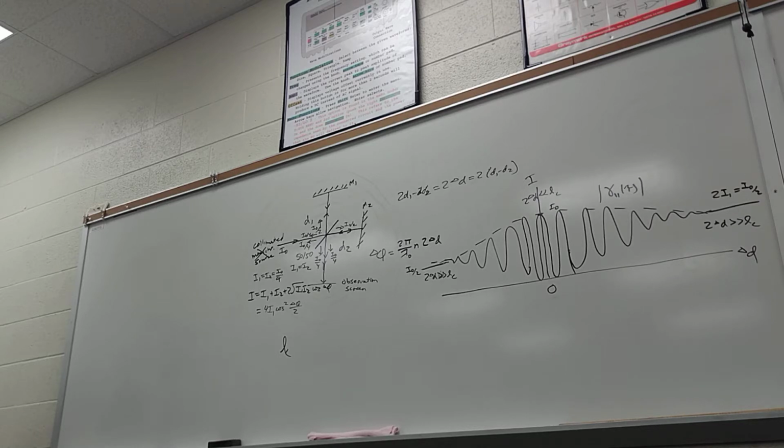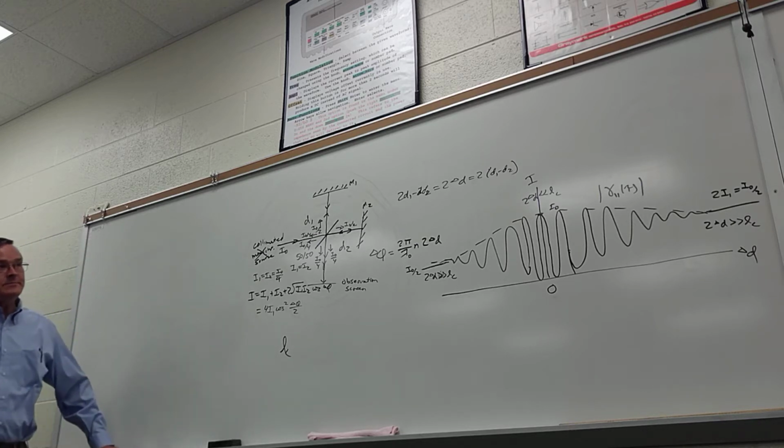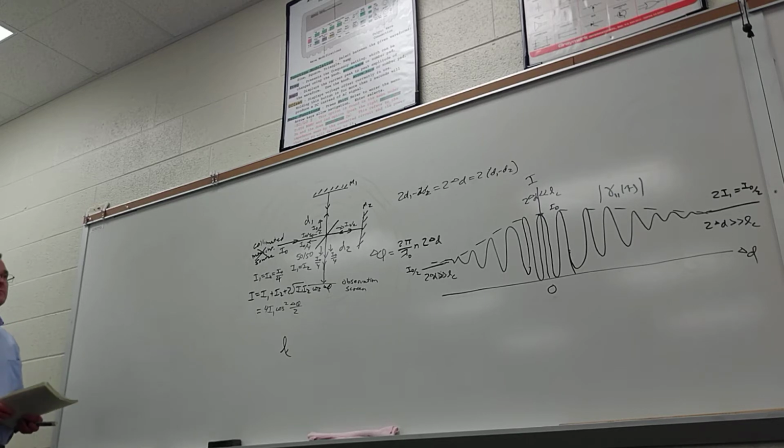Okay, so for an application, we're going to get at it in a roundabout way. Let's say that we have some sample, and we want to measure its absorption as a function of wavelength. What do we do? Generally, we just go to a spectrophotometer and measure the absorption as a function of wavelength.